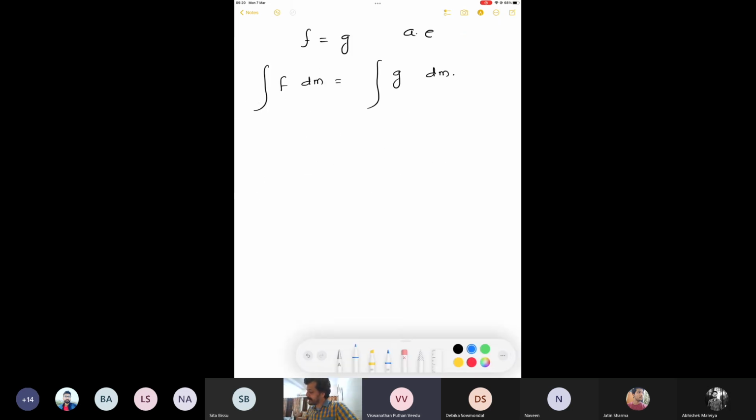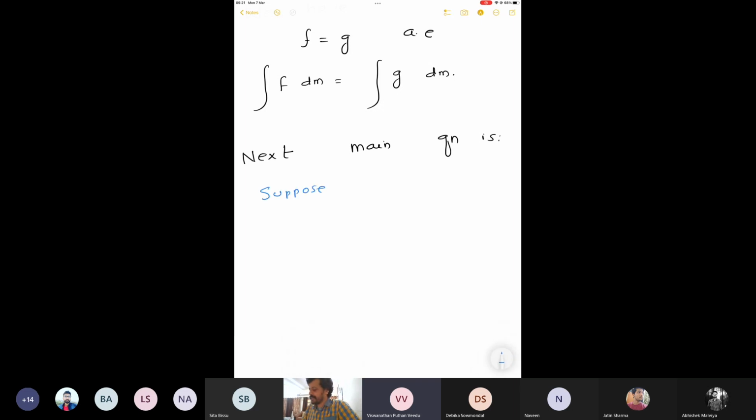We need to ask those types of questions for the Lebesgue integral. Okay. So the next main question, at least I will write the question, will be the starting point for our next lecture. Suppose f_n is a sequence of Lebesgue integrable functions.